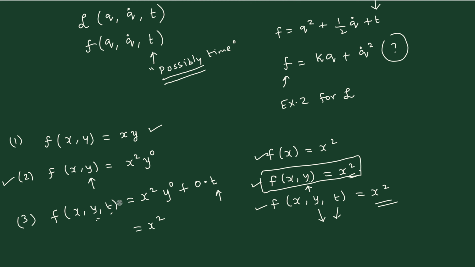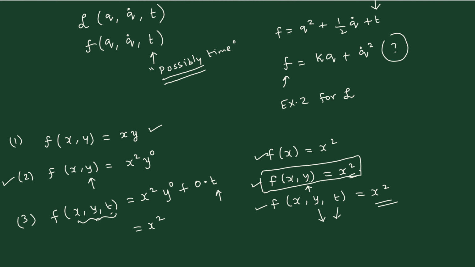So basically it means that when you write f of several variables, on the right hand side there is no necessity or compulsion that every variable should appear there. There is no such compulsion. Many of the variables can be missing, but even then it will be considered a function of that many variables. So this is a very crucial point that should be clear to you.